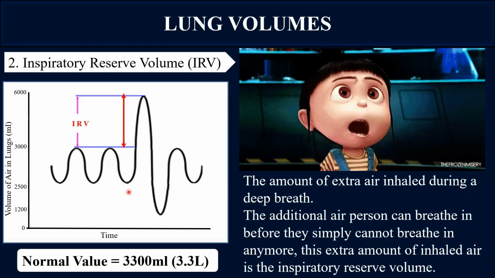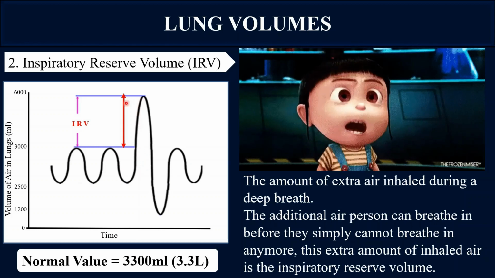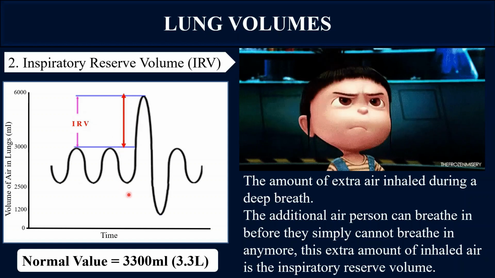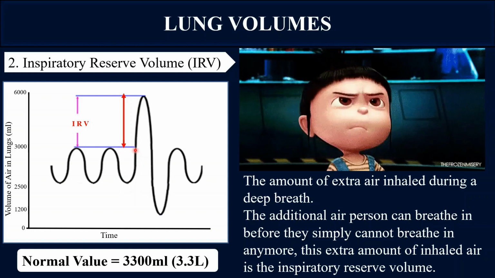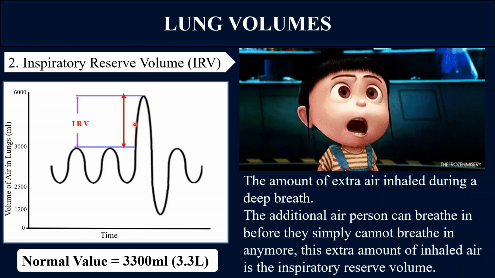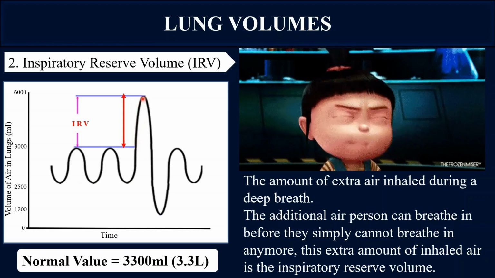So the maximum forceful inhalation by the person is the inspiratory reserve volume. As shown in the graph, this is the normal inhalation, and when the person breathes in by forceful inhalation, this is the extra amount of air inhaled. So this is the inspiratory reserve volume.